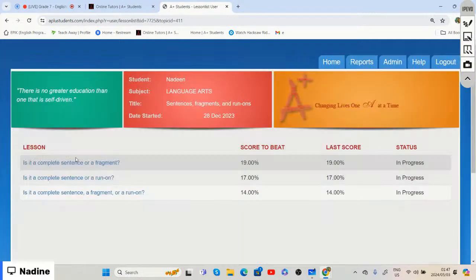All right, so this is now the end of our lesson on sentences, fragments, and run-ons. A sentence expresses a complete thought. It has both a subject as well as a predicate, or let's say a verb. With fragments, it does not express a complete thought. It's either missing a subject, missing a verb, or missing even a helping verb, or sometimes either of those or both.